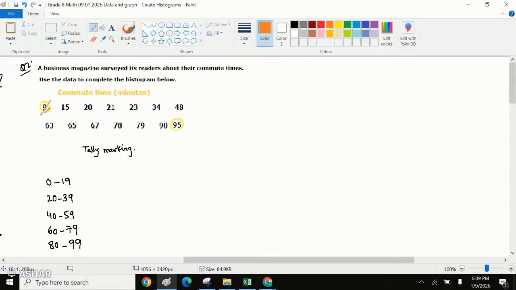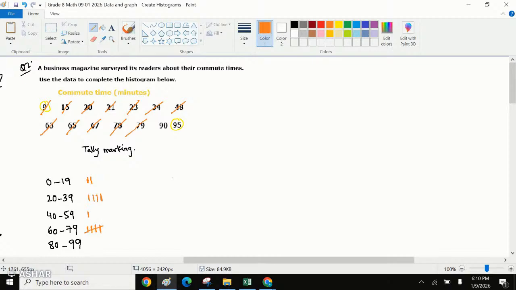So the first value 9, we make one marking over here. 15, still in the same. 20, 21, 23, 34, 48, 63, right? 65, 67, 78, and 79. Okay. So for the fifth marking, we always cancel this.